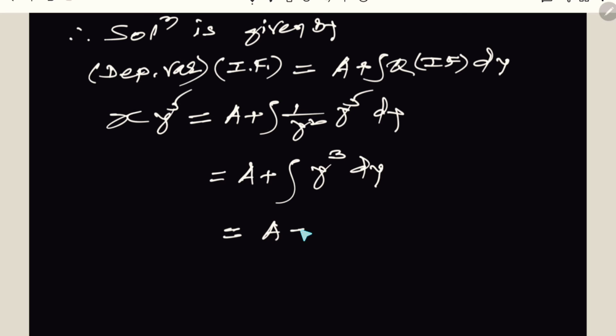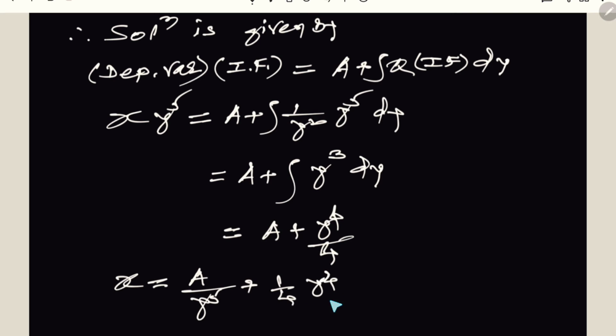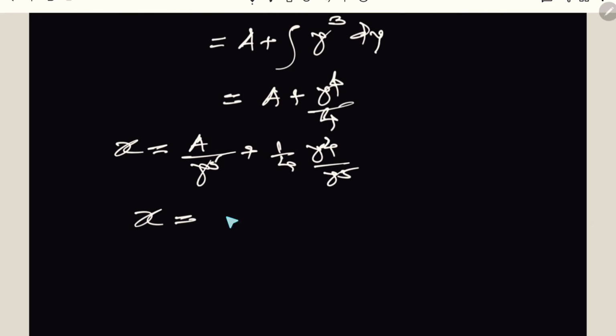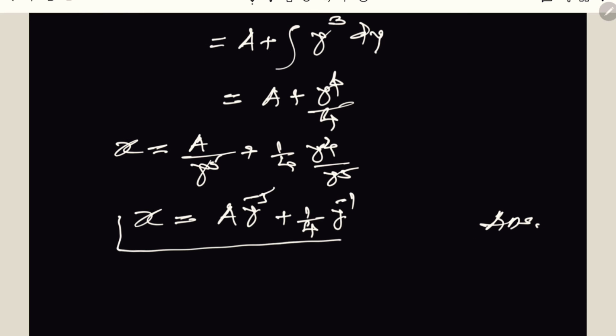It becomes the integration of y cube with respect to y, and the value is y raised to 4 by 4. Therefore, the required solution is x is equal to A divided by y raised to 5 plus (1 by 4) y raised to 4 by y raised to 5. It becomes A into y raised to minus 5 plus 1 by 4 y raised to minus 1 as the required solution.